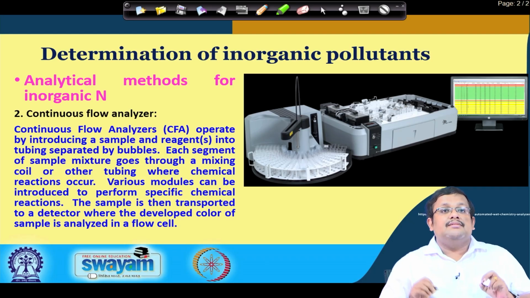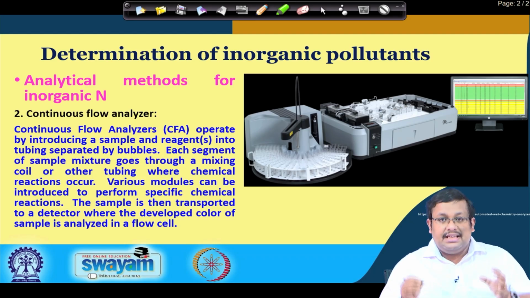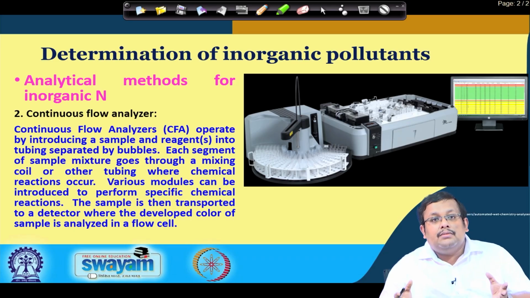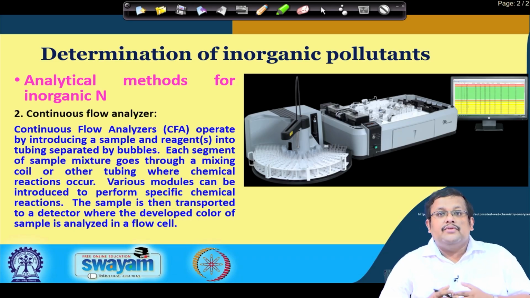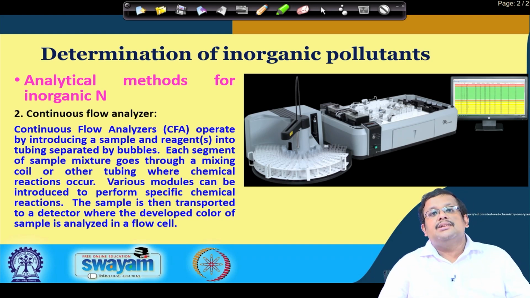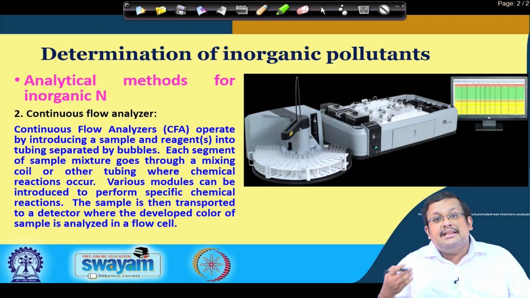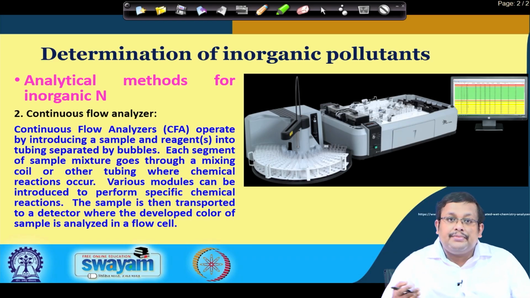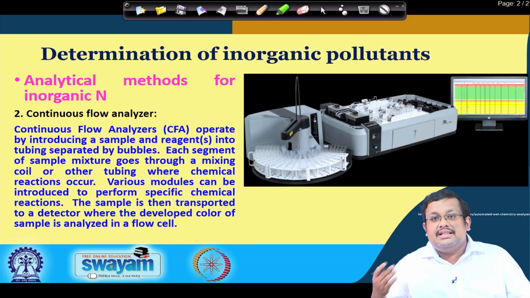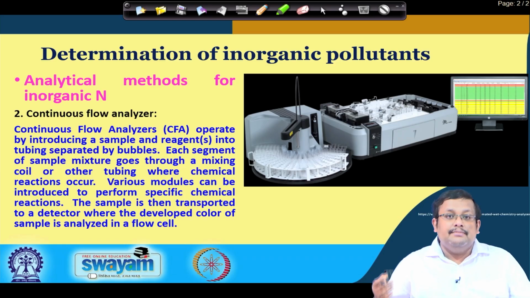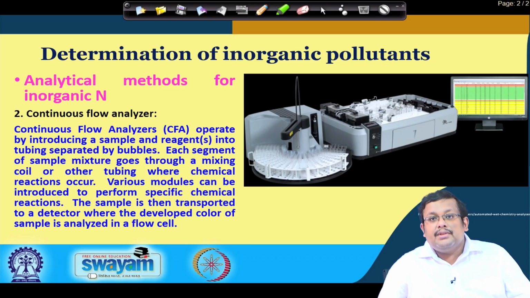Each segment of the sample mixture goes through a mixing coil or other tubing where chemical reactions occur. Various modules can be introduced to perform specific chemical reactions, and the sample is then transported to a detector where the developed color is measured, and then the sample is analyzed in a flow cell. So, this is basically the principle of the continuous flow analyzer.